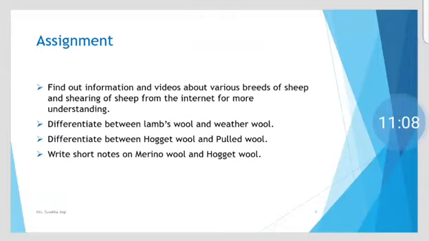Then regarding assignments, first find out information and videos about various breeds of sheep and shearing of sheep from the internet for more understanding. Next questions are: differentiate between lamb's wool and wether wool, differentiate between hogget wool and pulled wool.